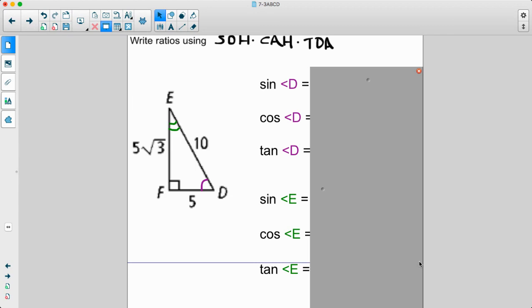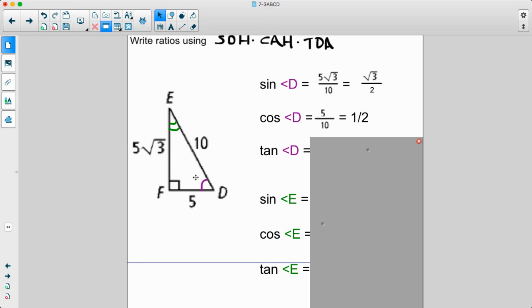So pause, and now on your own paper, find all the ratios first from D's perspective, then from E's perspective, and this time remember, if you can reduce a fraction, reduce it. Sine is opposite over hypotenuse, and you reduce. Cosine is adjacent over hypotenuse, and reduce.